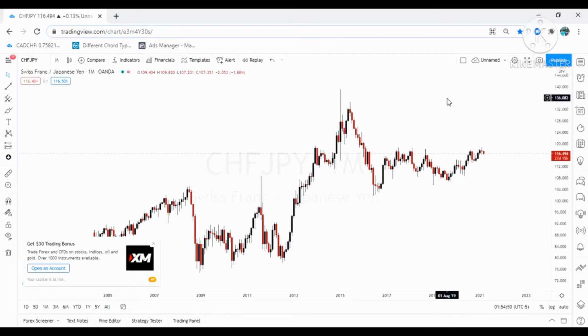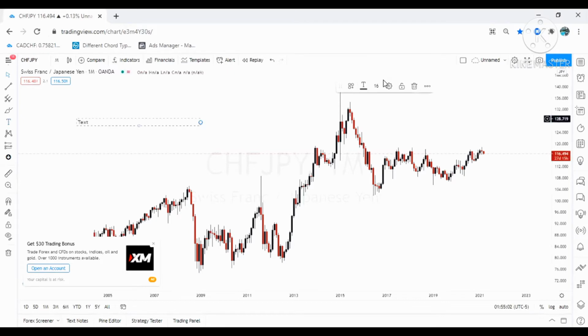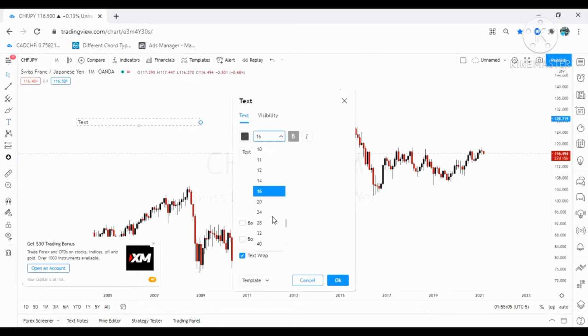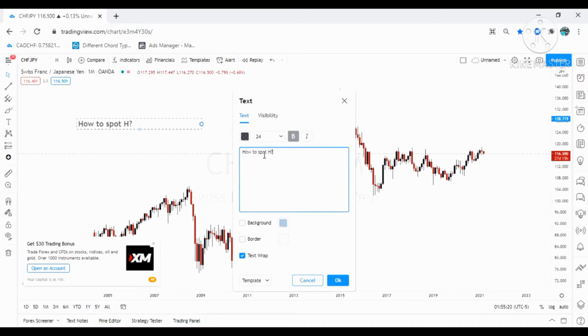So yeah, without wasting any more of your time, today we're going to be talking about how to increase your probability when you're trading. So how to spot high probability setups, right?